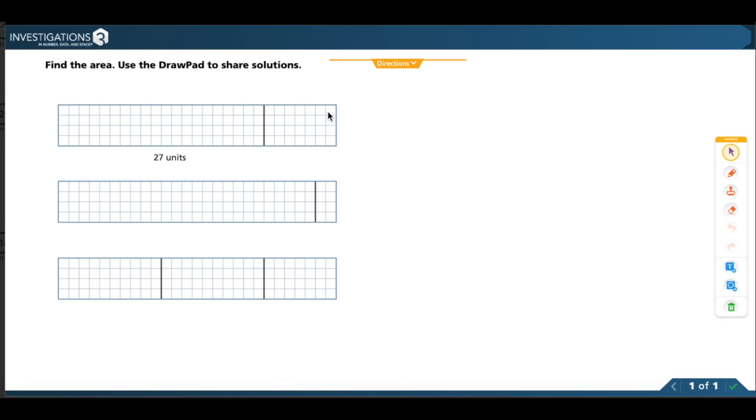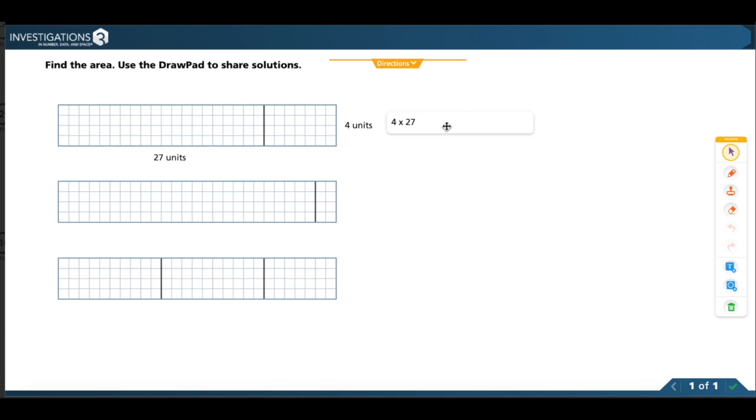And 1, 2, 3, 4 units is the width. The equation that I'm going to use to solve this array would be 4 times 27. And 4 times 27 is a difficult problem for me to solve.